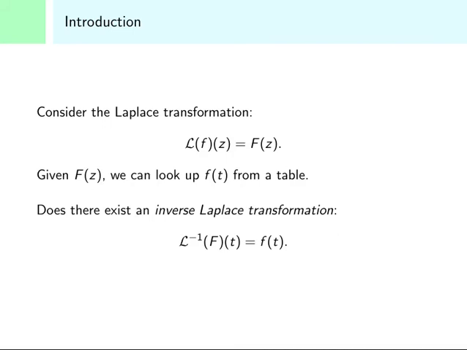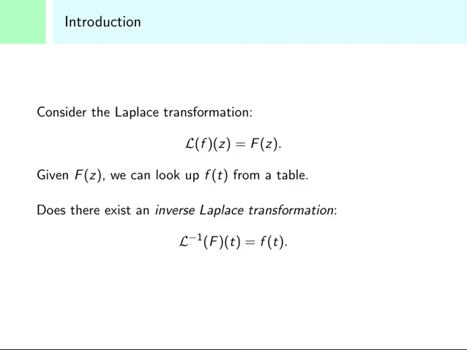So, consider the Laplace transform. Let's write Laplace transform of f at z equals capital F of z. And given capital F of z, very often we can look up the original function f of t from a table. Now the question is, if we don't have a lookup table, is there some formula to describe the inversion of the Laplace transform?